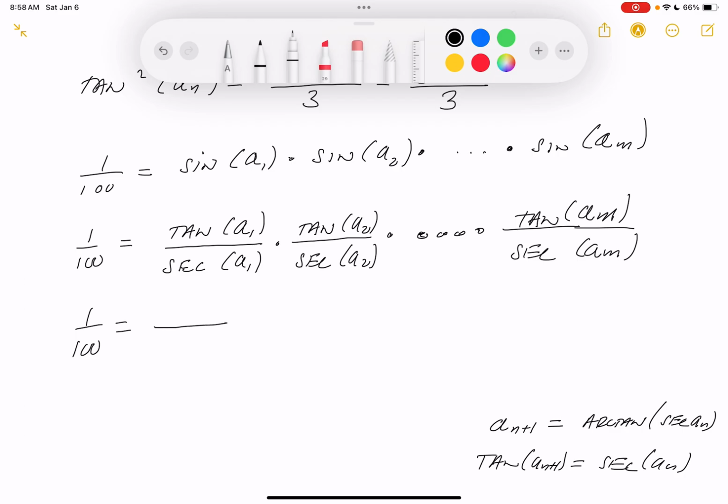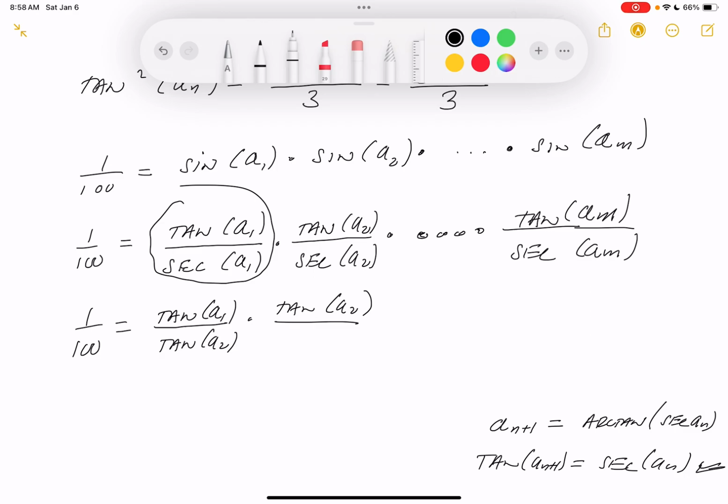So I'll put down a tan of A1. And I'm looking at this now, and the secant of A1 would be the tangent of A2. Let's do the next one. The tan of A2, and again, I'm looking at this over here.